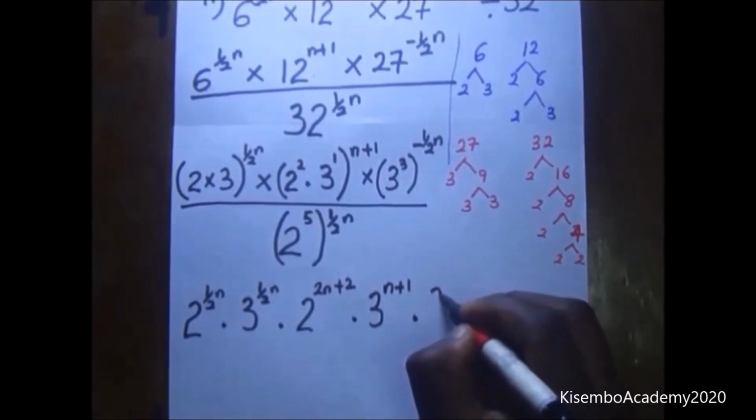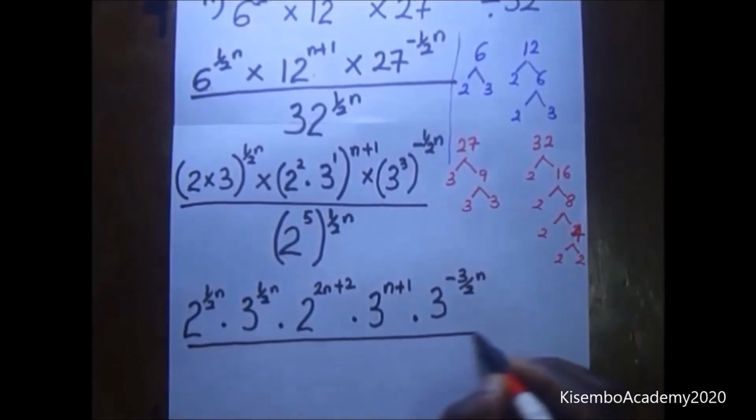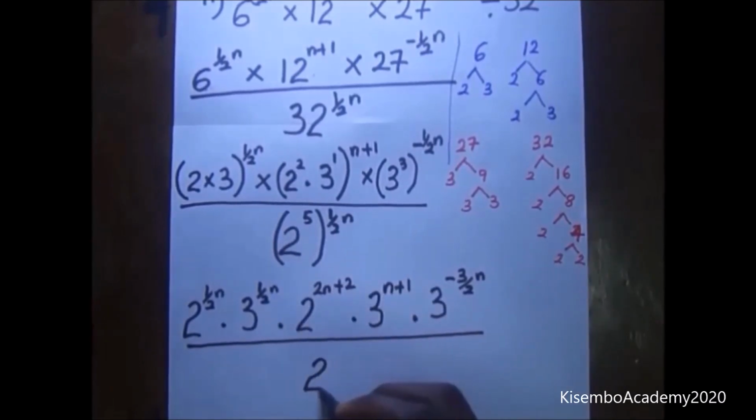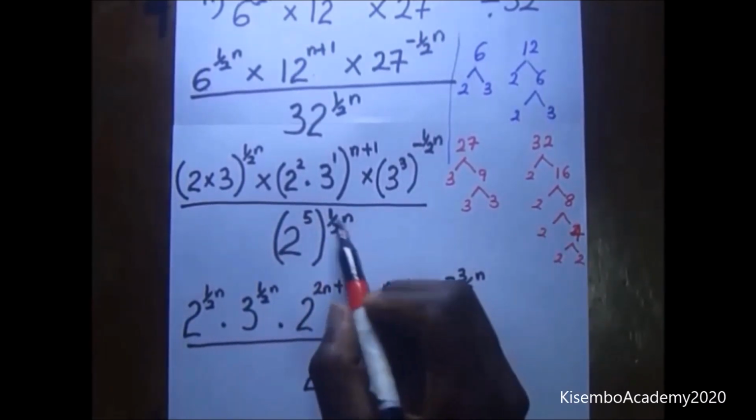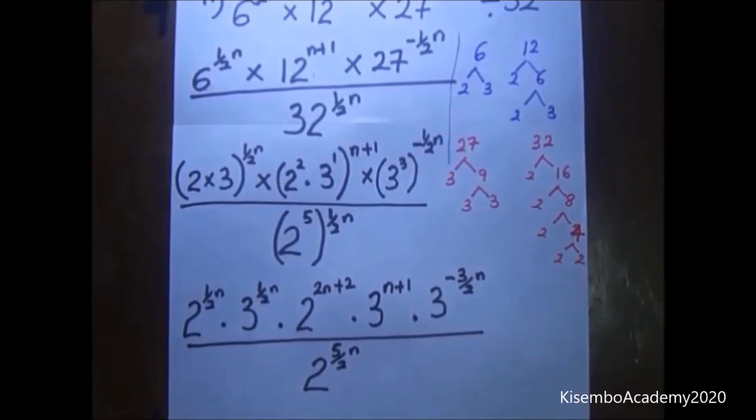So 3 to the power negative 3 over 2n. Divide all that by 2 to the power 5 times that, which is 5 over 2n.